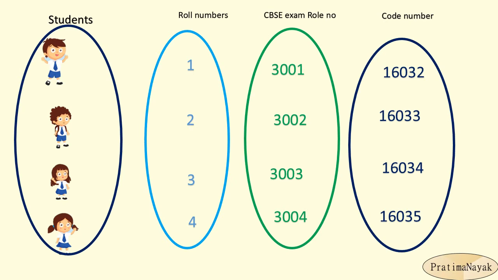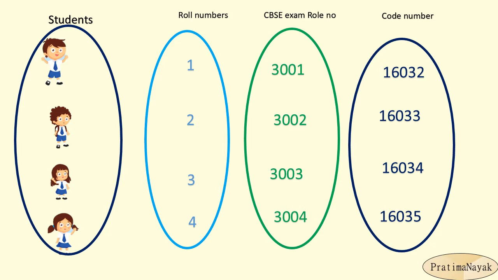After the board examination, for fair marking of the examination copies, the board gives a code number to each student. At that time it does not see the set of students or the class roll number.